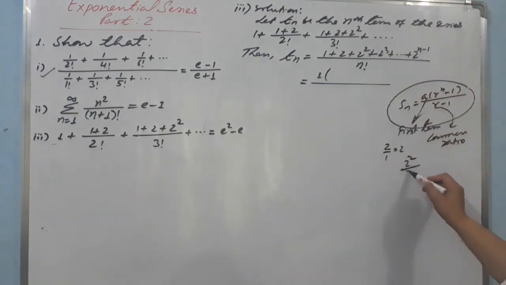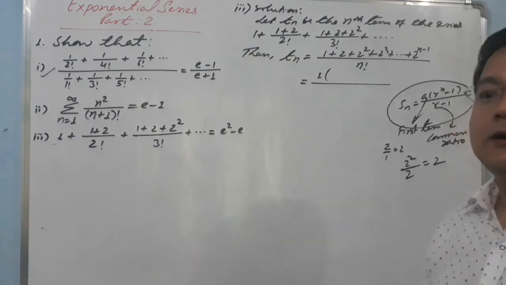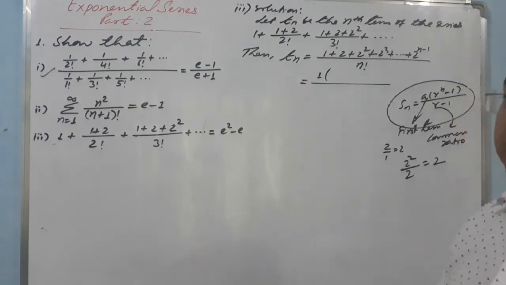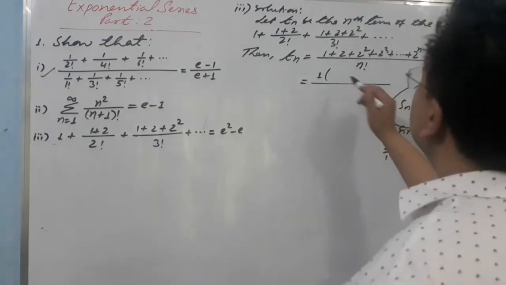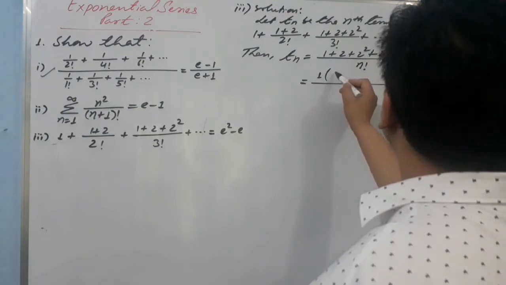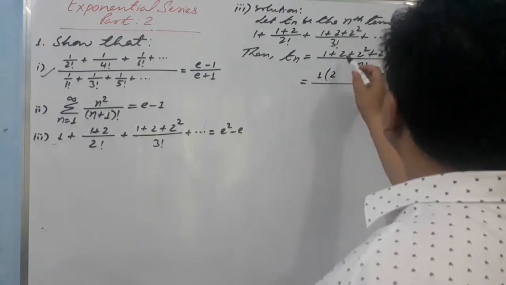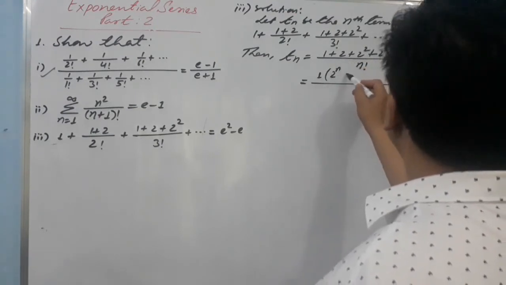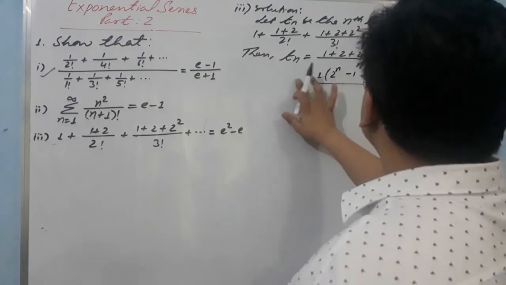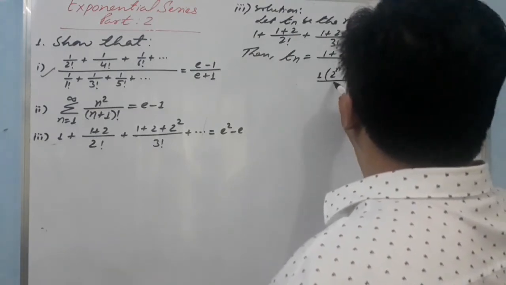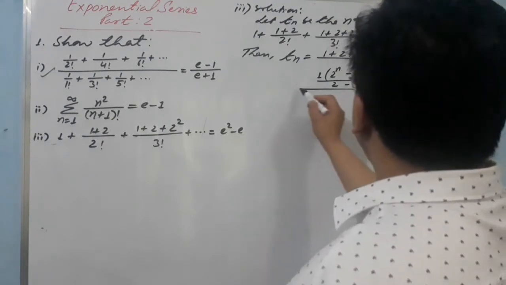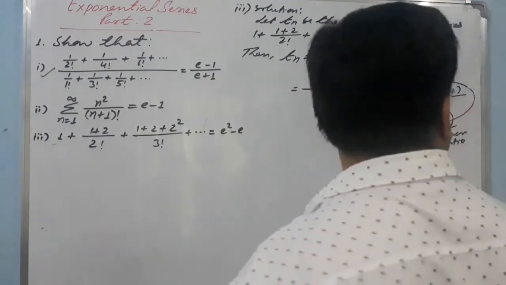To find a common ratio, take the second term upon the first term, the third term upon the second term, like this. So the common ratio is 2, raised to power n because there are n terms, over r minus 1, which is 2 minus 1, all upon n factorial.